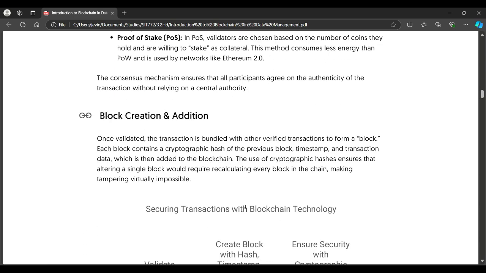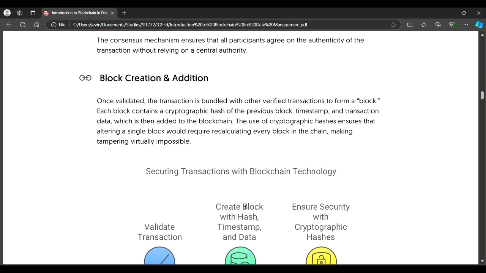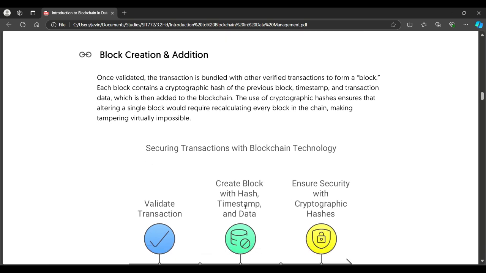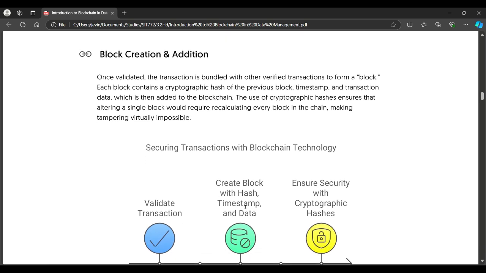And how is this blockchain created? Once validation is done, the transaction is bundled with other verified transactions into a block, and it has the previous block's cryptographic hash, a timestamp and transaction data, which is added to the blockchain after the previous one.